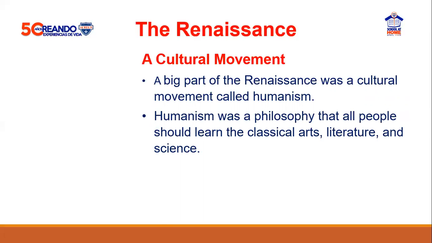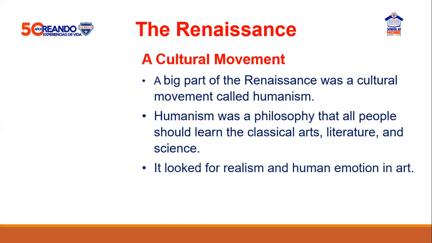Humanism was a philosophy that all people should learn the classic arts, literature, and science. It looks for realism and human emotion in all forms of art, not only painting, but also music, architecture, dance, and so on and so forth.